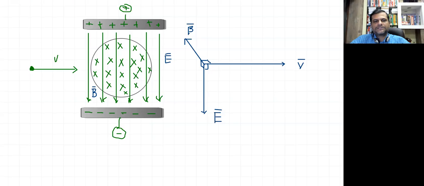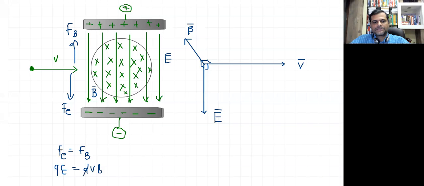Hence the particle will experience a force in the downward direction due to the electric field, but due to the magnetic field it will experience a force in the upward direction. So Fe is downwards and Fb is upwards. If we want these two forces to cancel each other, we apply the condition Fe equals Fb, where Fe is equal to qE and Fb is equal to qvB.